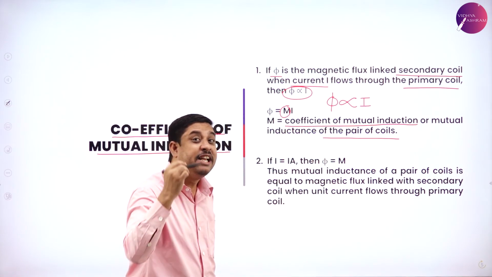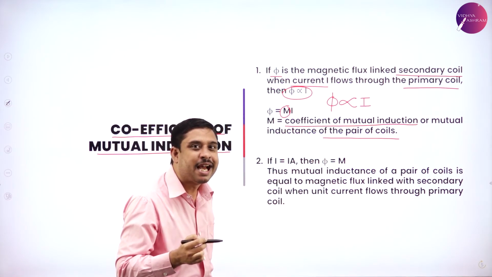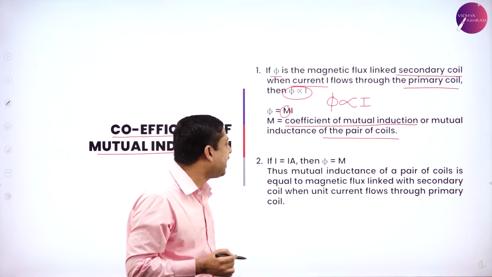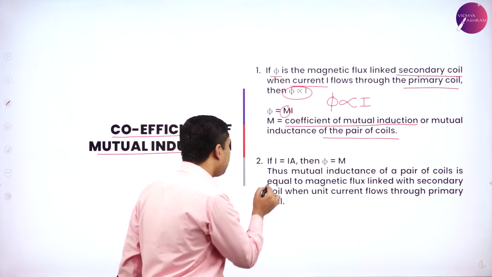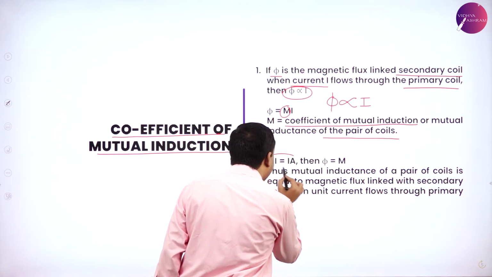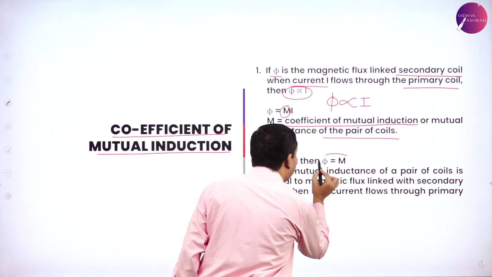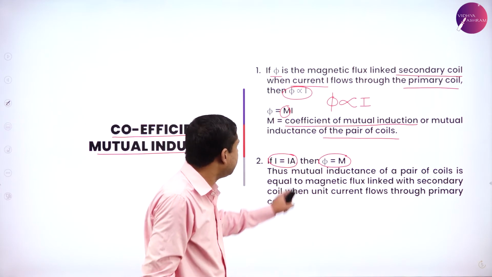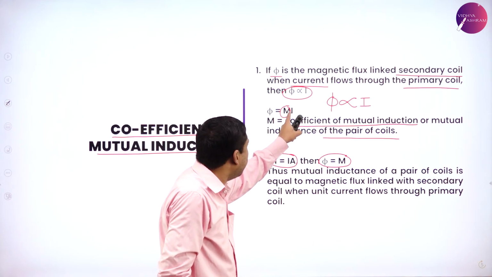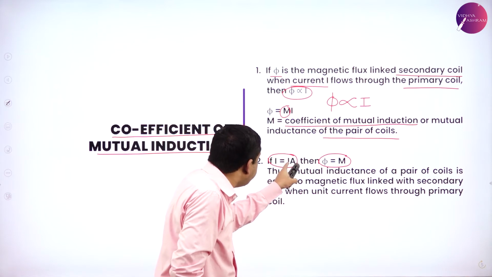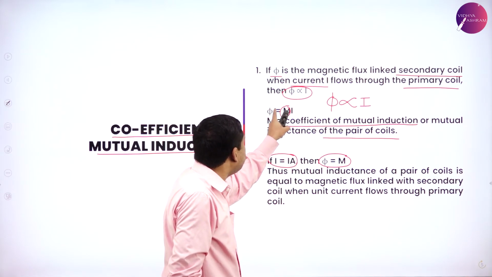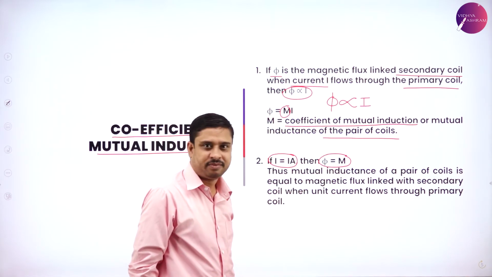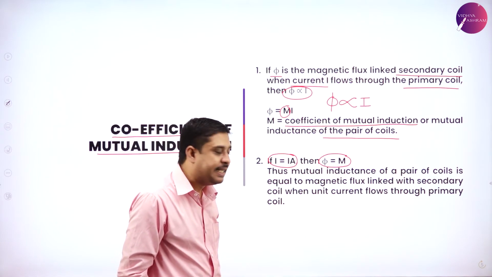Now, how do I define M? To which I apply the unitary condition. If I is 1 ampere, then phi is equal to M.